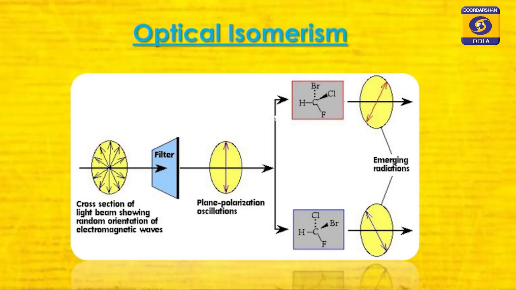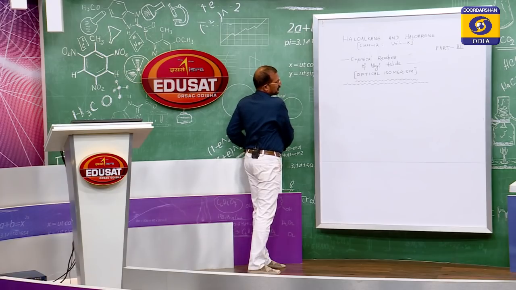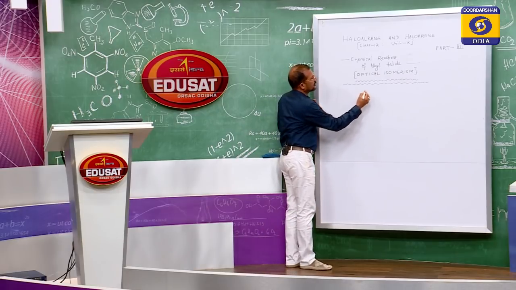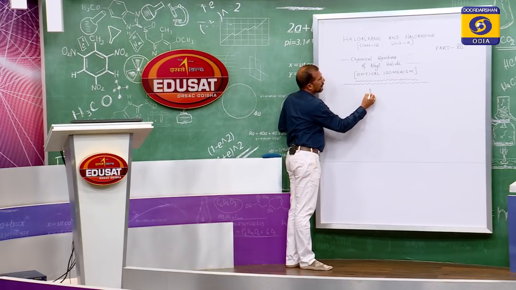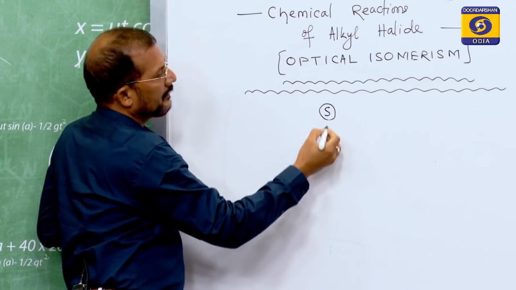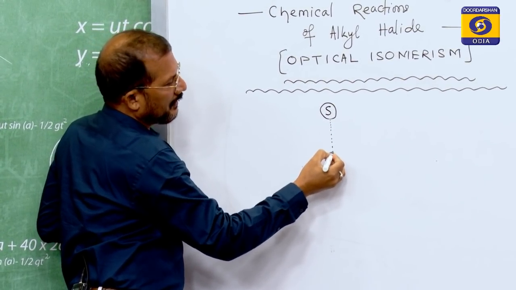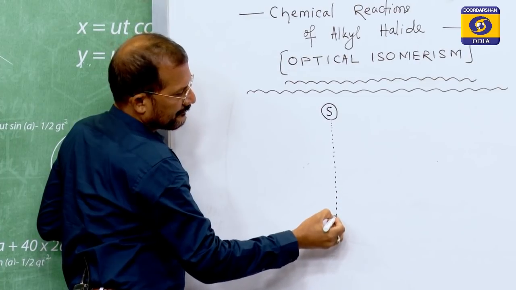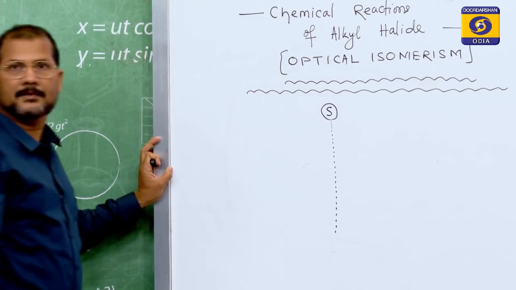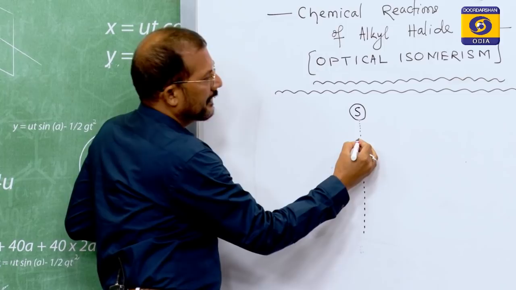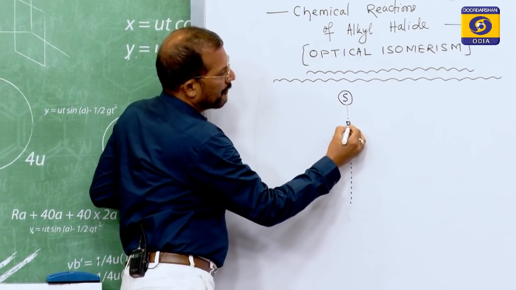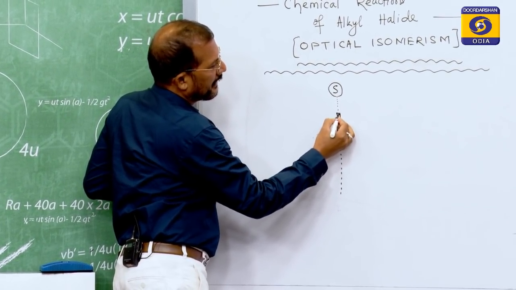Once again I am saying it here on the board, try to understand in this way. Suppose this is the source of the polarimeter, and light is supposed to come along this direction, but here is the place where we put the organic compound.